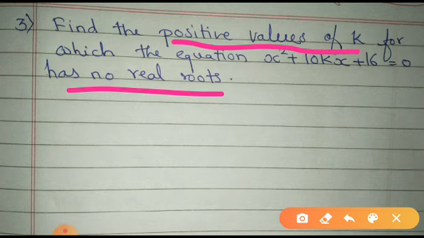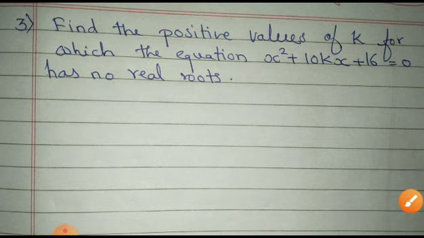And that too, they have given the given quadratic equation has no real roots. Okay. That means again what? The quadratic equation will not have real roots if your discriminant is less than 0. So compare the equation with your standard quadratic equation and you will get your value of a as 1, b as 10k and c as 16.